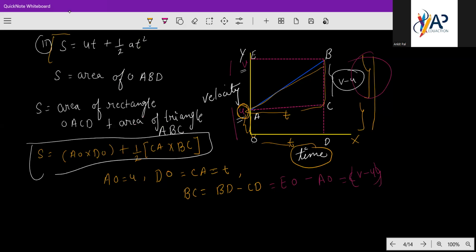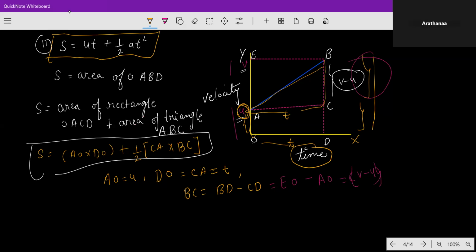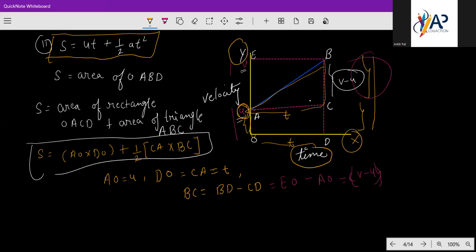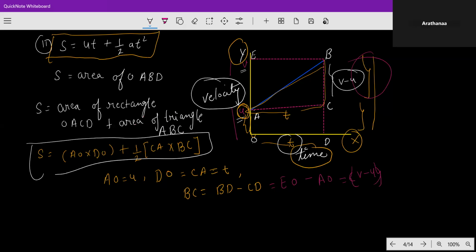Now the second equation of motion, s is equals to ut plus half at square, right? Now this is the y-axis and this is the x-axis. We plot time on the x-axis and velocity on the y-axis, right? We already have some initial velocity at this point.